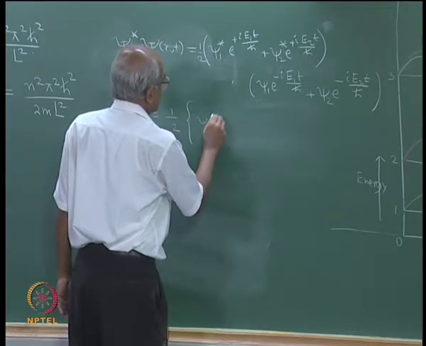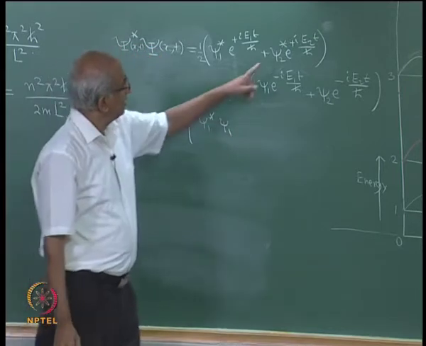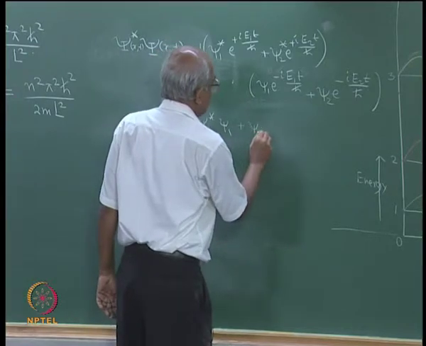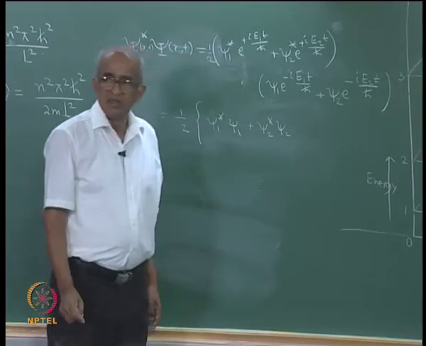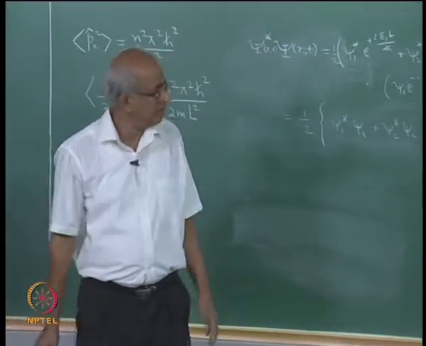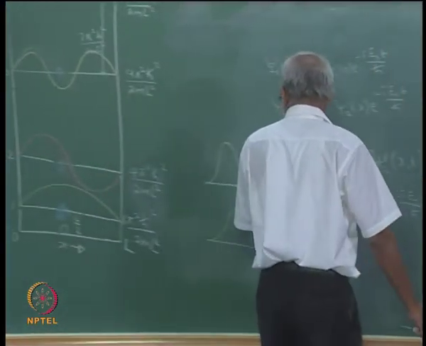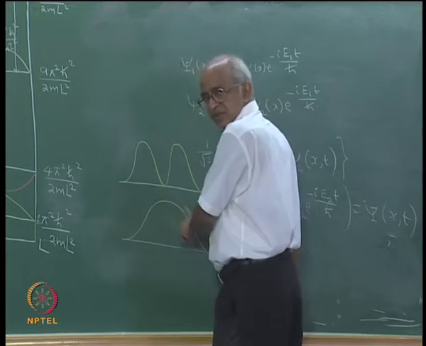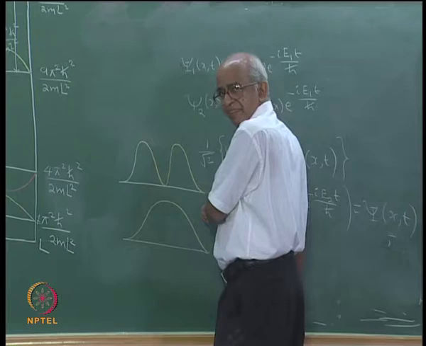It is actually psi 1 star psi 1, correct? And if you multiplied this with that, what is going to happen? You are going to get psi 2 star psi 2, right? Psi 1 star psi 1 is actually shown here, it is like this. It is like this, and psi 2 star psi 2 also is shown here.